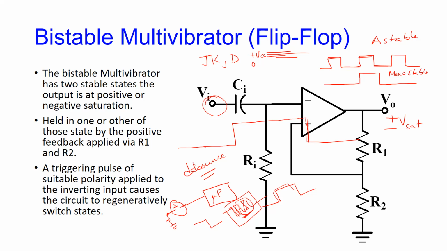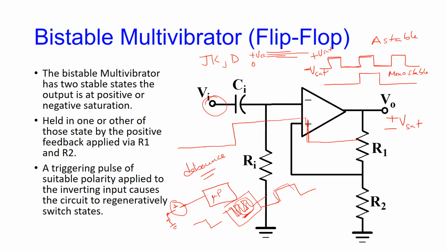All right. So the astable is 0 to positive VCC, the monostable is 0 to positive VCC, and the bistable is positive, but in this case we're using op amps, so it's minus VSAT to plus VSAT.